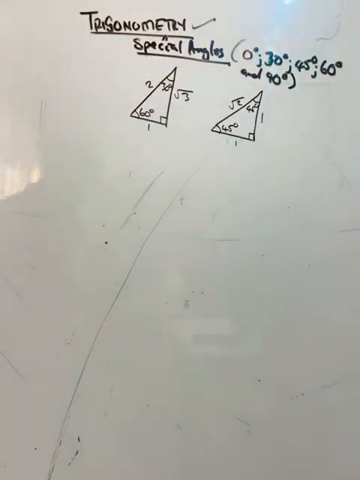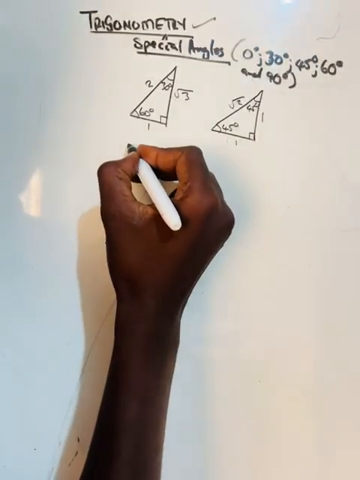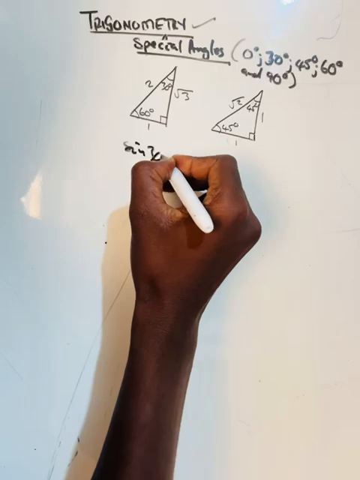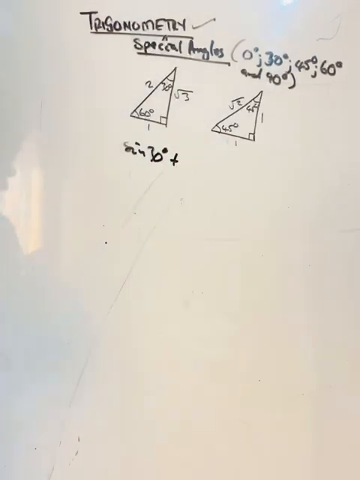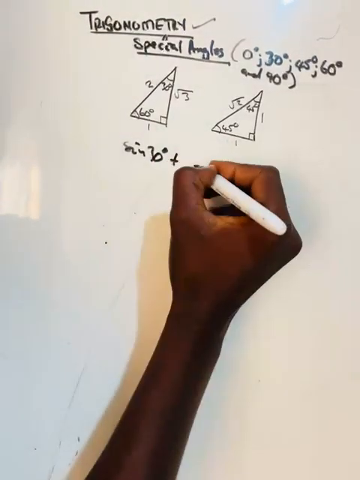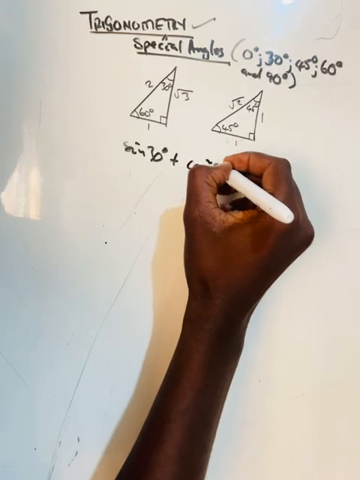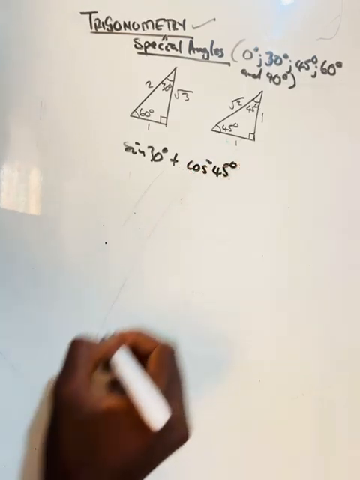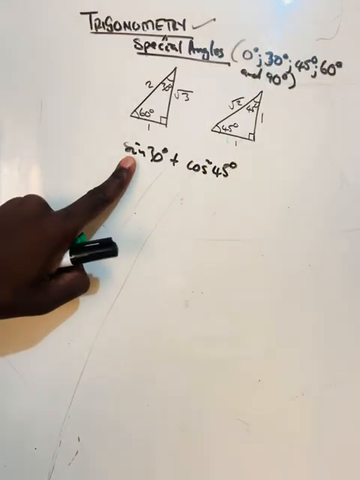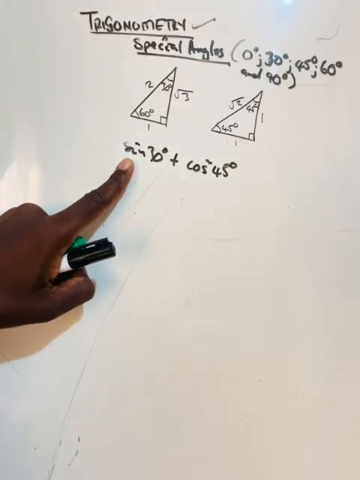So the first question that we're going to deal with, it says sin 30 degrees plus cos squared 45 degrees.